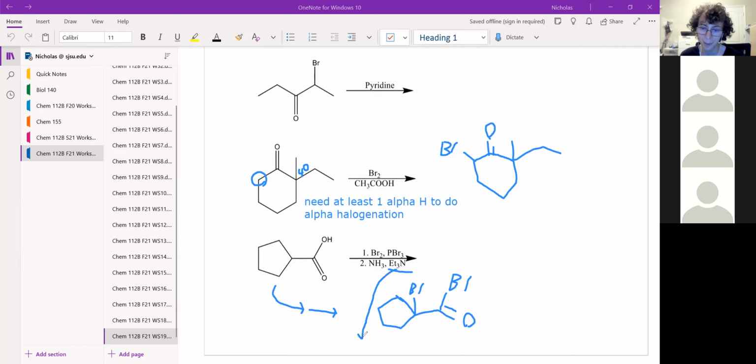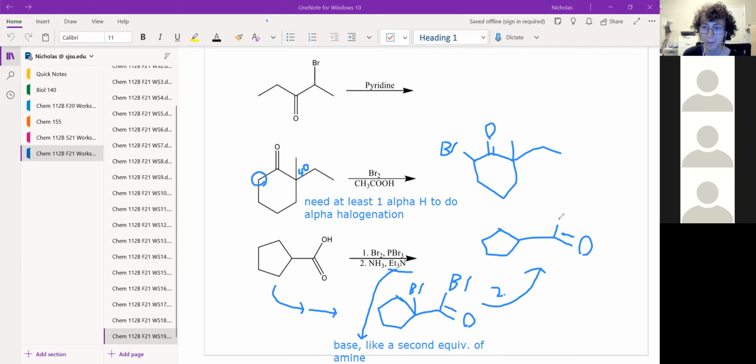It's like the second equivalent of amine, just to explain why it's there. So it's the same amide forming reaction as before. It's going to convert that bromide into an amide. So we're ending with an amide instead of a carboxylic acid, but it's the same kind of process.